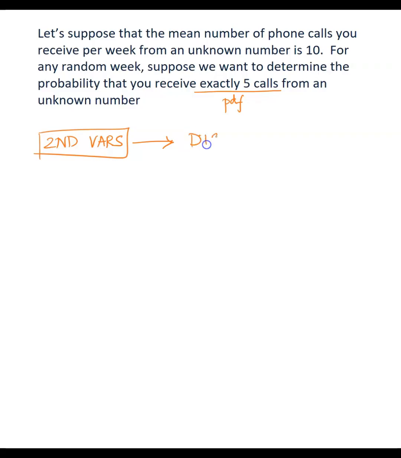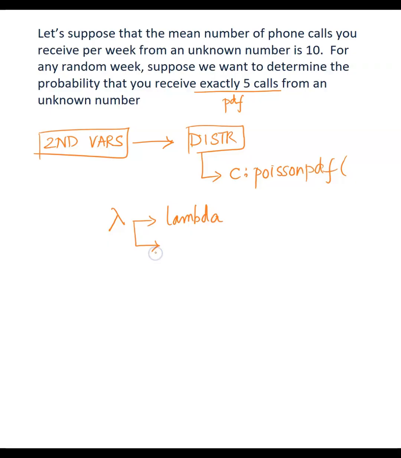So this and C, Poisson PDF. When you hit that, it shows, previously we saw trials and things like that, right? Here it has the strange symbol. It looks like this. This is another Greek symbol that's called lambda. Okay, so the Greek symbol lambda actually tells you the mean number of phone calls per week.